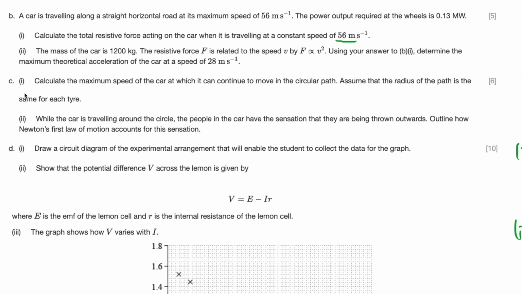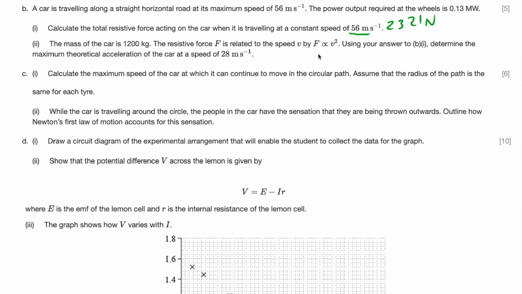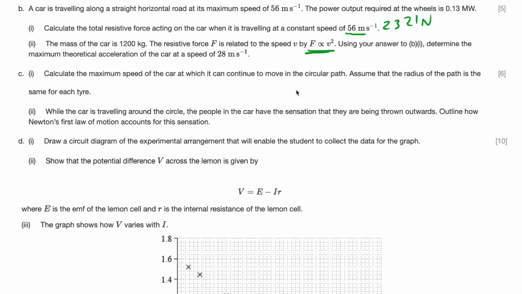The second part of B is asking you to find the maximum theoretical acceleration when the car is at a speed of 28 meters per second. So how do we solve for this problem? Well, we can calculate the resistive force by using this formula here, and then you can find the net force.